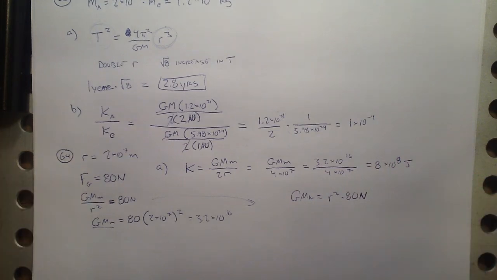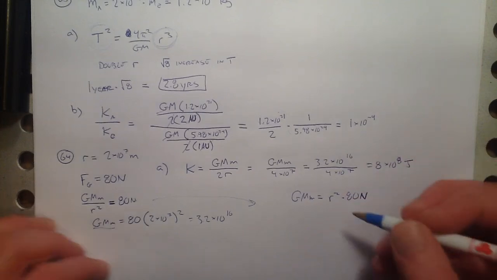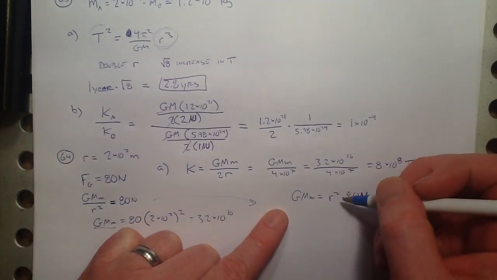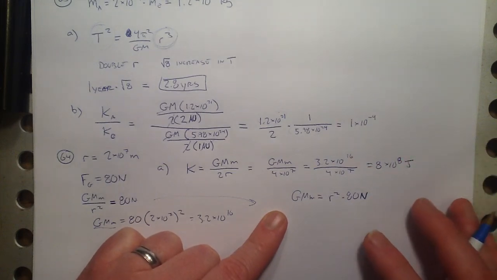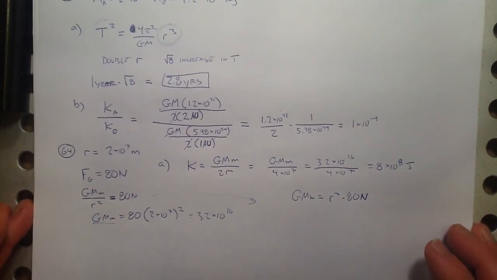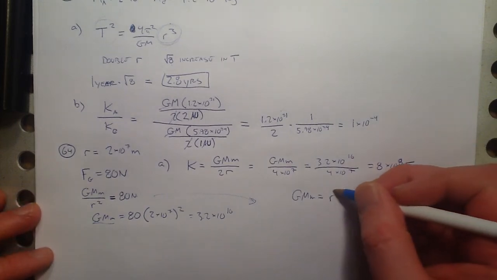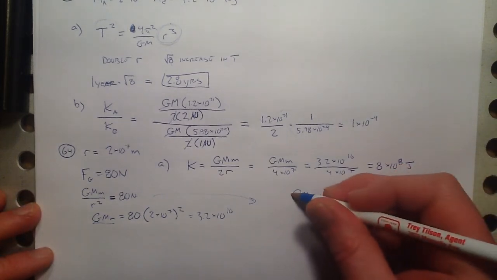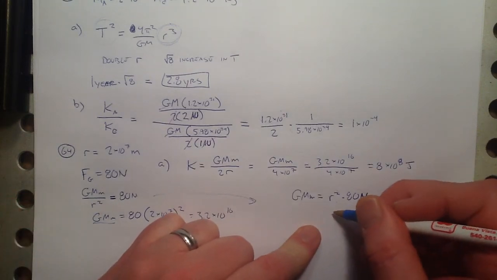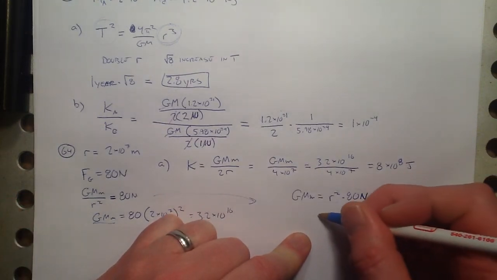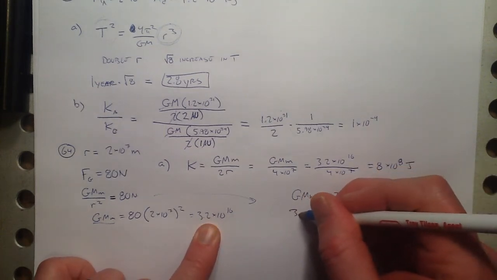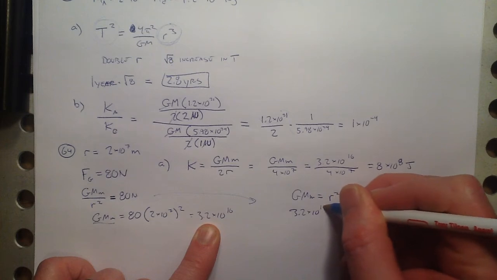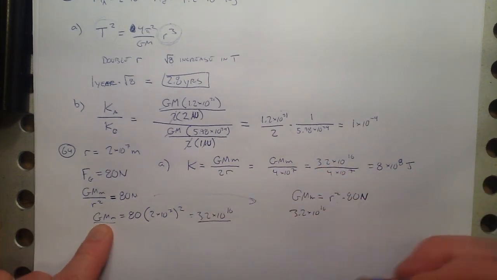Actually, wait, hold on a second. Let me just rethink this here. I'm trying to solve for this. So what happens when I increase r and this remains constant? Didn't I solve for GMM? I did. This is the constant, so this is going to work just fine. That's a GMM.